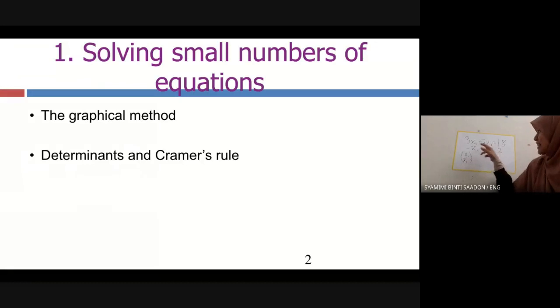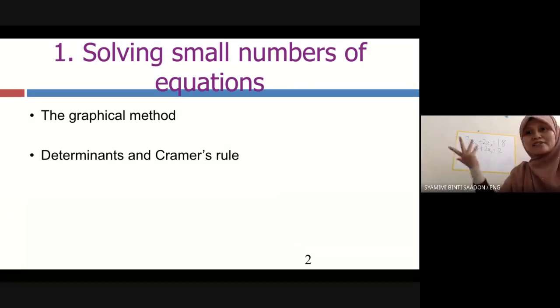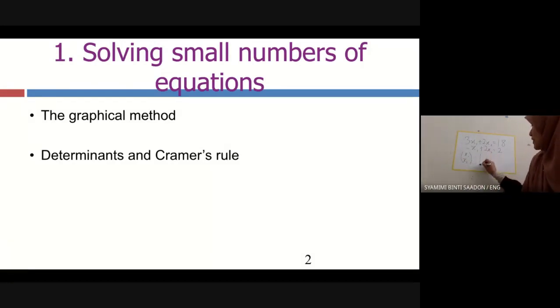So this is like a linear equation. We have x1, x2. Whether you call it x1, x2 or xy, it's the same thing. So you have a graph. We call this x2, and this is x1. So how do we sketch these two linear equations?